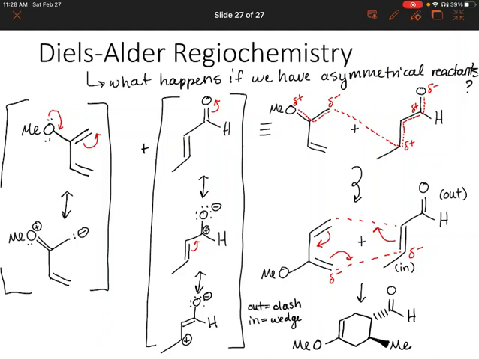And then we also said here with regiochemistry, we want to make sure that the negative end of one molecule is aligned with the positive end of the other molecule, and then we can form our cyclohexene ring.